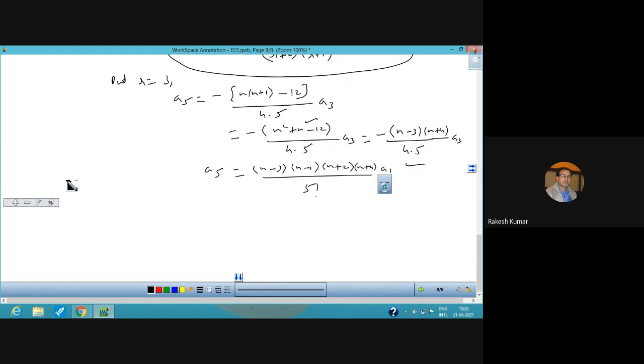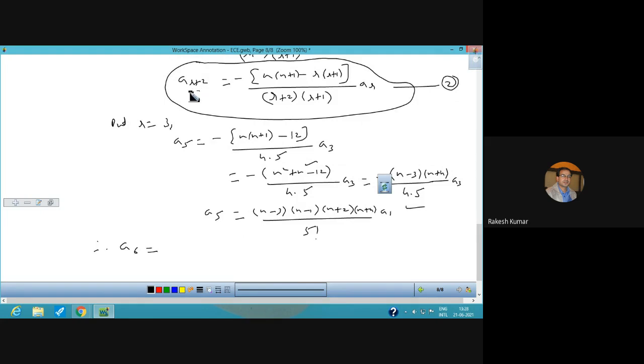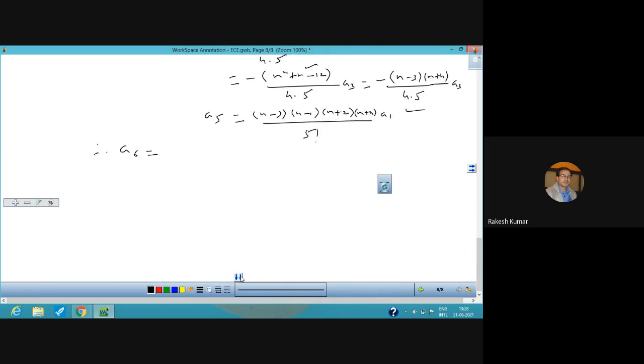Similarly, you will be able to find out the coefficient a6 by using r is equal to 4. When you put r is equal to 4 here, you will have a6, and in a6 the value of a4 will be used, and that value has been computed already.